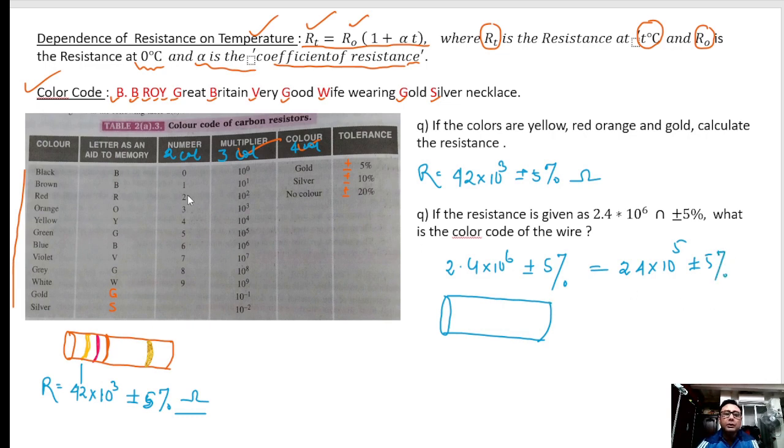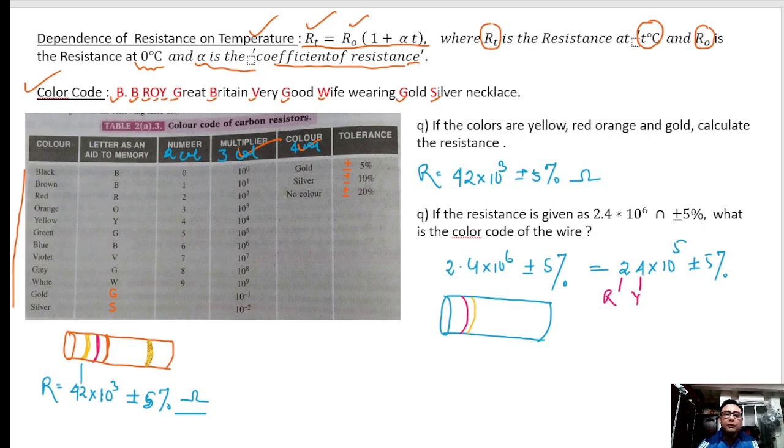First is 2. What is 2? 2 is for red. That means the first color which will come is red. Now 4. 4 is for yellow, so here is a yellow strip. Then third, 10 to the power 5.